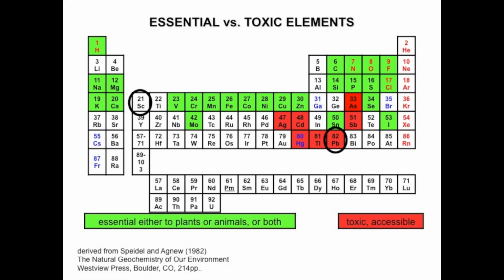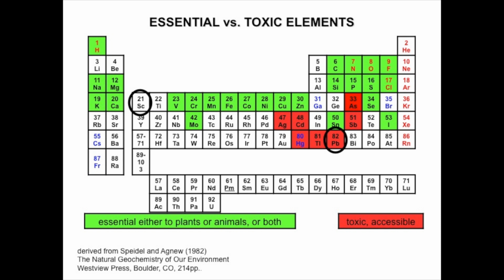There are approximately 70 metals in the periodic table. I'm interested in all of them. They're all fascinating, but I focus my attention on the ones shown here in red. There's a small group of elements that have no physiological function and are potentially toxic.